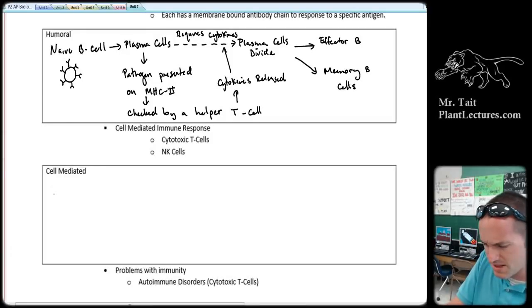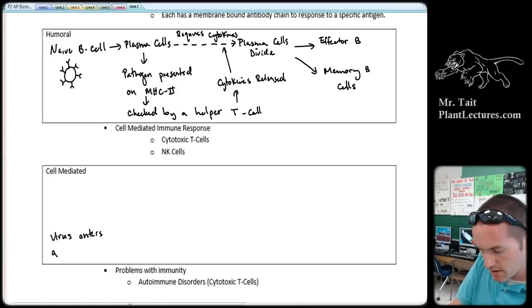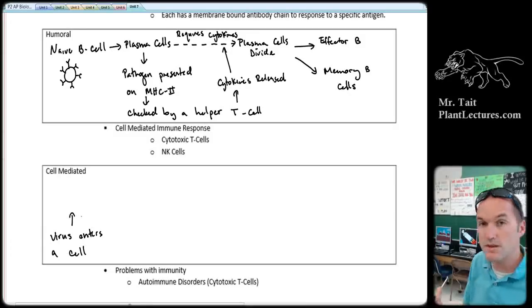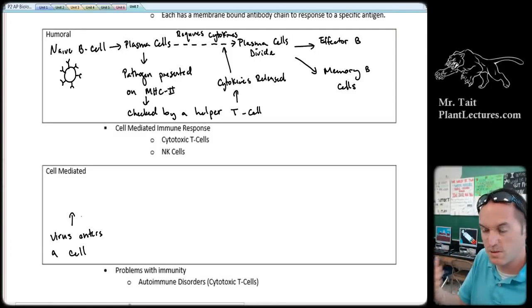So let's say a virus infects a cell. So we'll go down here. Virus enters a cell. Okay, well, what's the first thing that a virus is going to do in a cell? A virus is going to say, hey, cell, I need you to make these proteins for me, right? It's going to inject some RNA or maybe some DNA, and it's going to hijack the ribosomes of that cell in order to produce its own stuff.